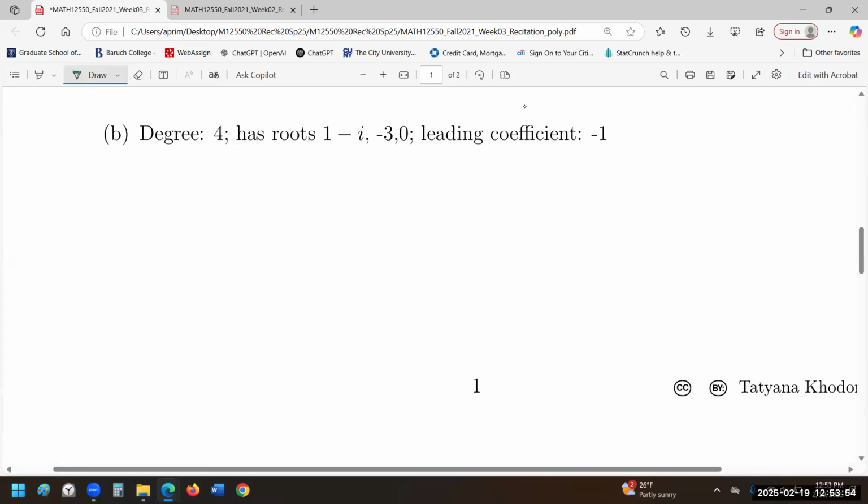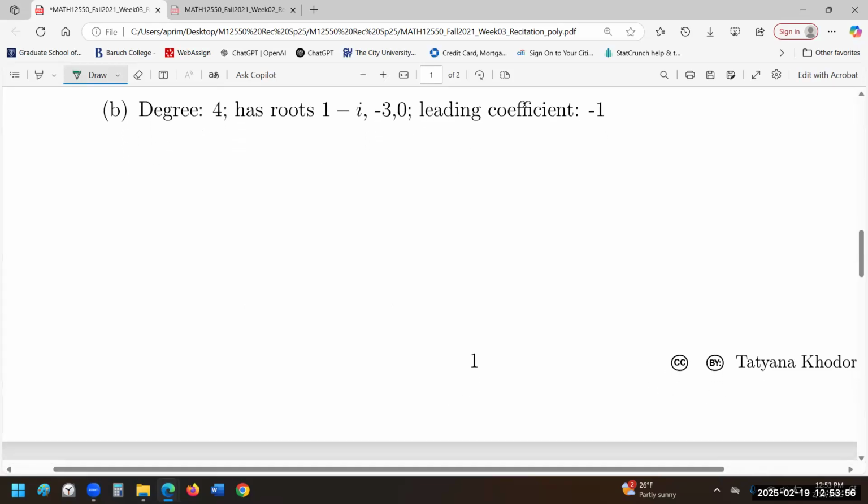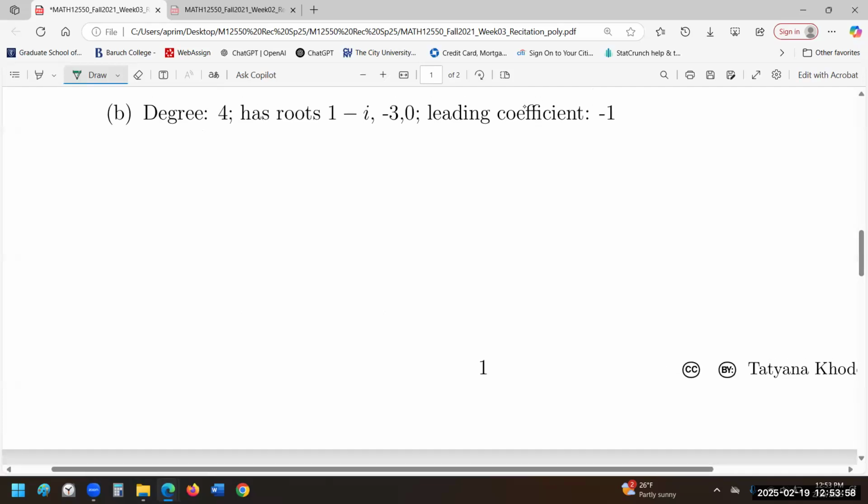So let me make it bigger so I have enough space. So we have a degree 4 polynomial. Okay. And then we have a leading coefficient of negative 1. So the format is y negative, and then something, and at the end we will have total degree 4. Now they give us roots 1 minus i, negative 3, and 0.